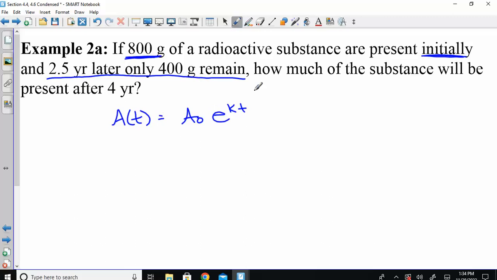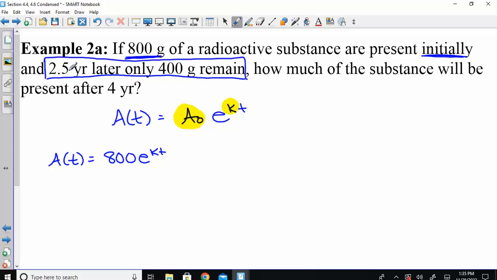Okay, in this equation, we need to figure out what A sub 0 and k are. A sub 0 represents the beginning amount. How much did we start with? 800. To figure out my k, I am going to use this information.